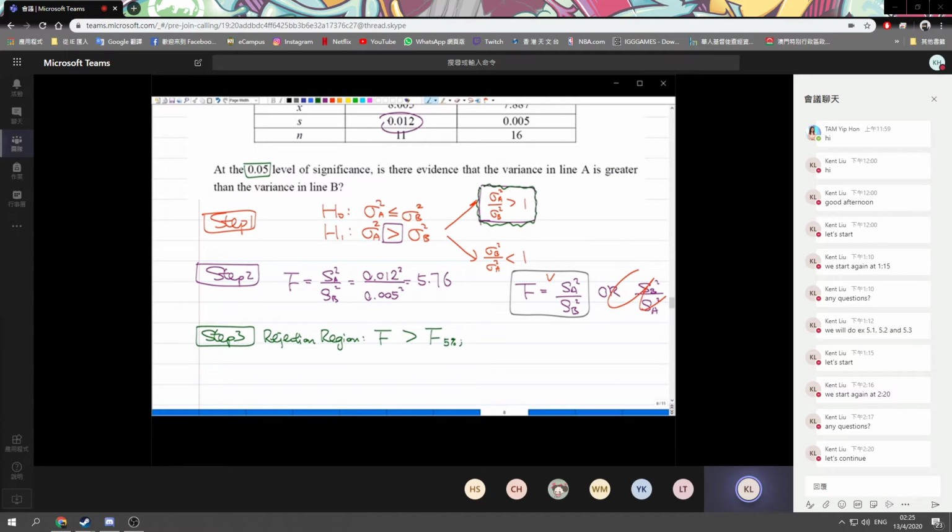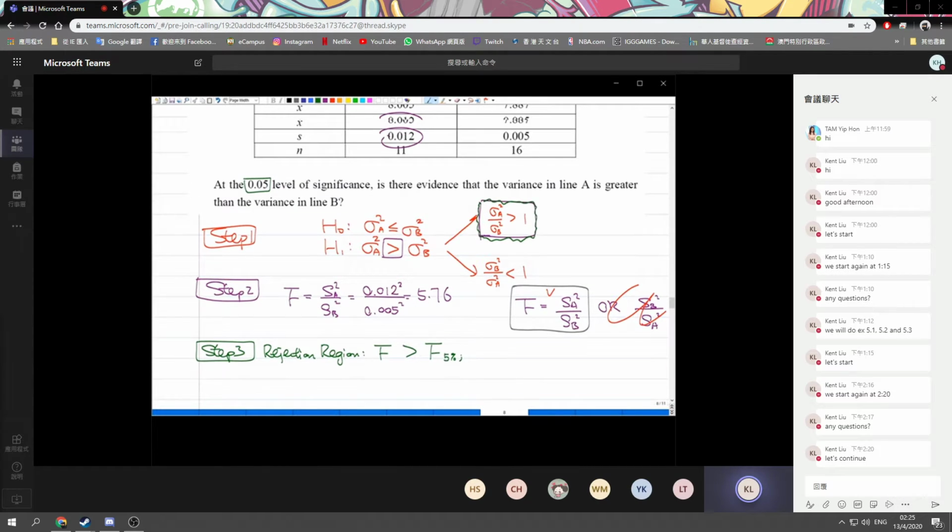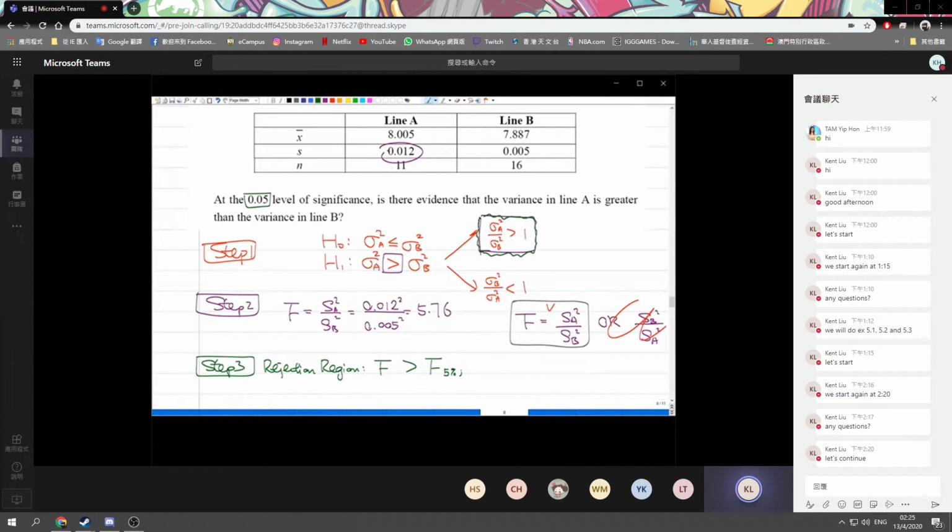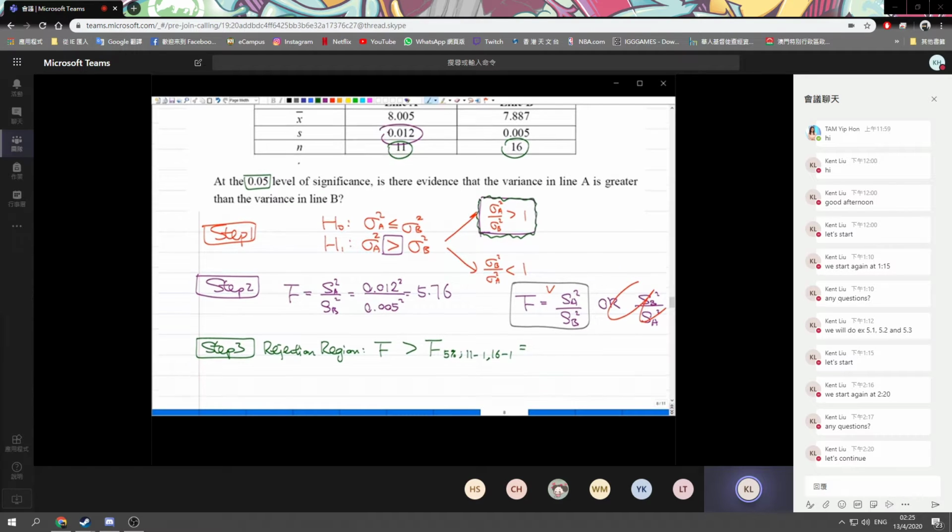For the degrees of freedom, you need to take note of your test statistic: A is in the numerator, so the first one is 11 minus 1. The second is the one in the denominator, which is 16 minus 1. Then you can go to the table and check.